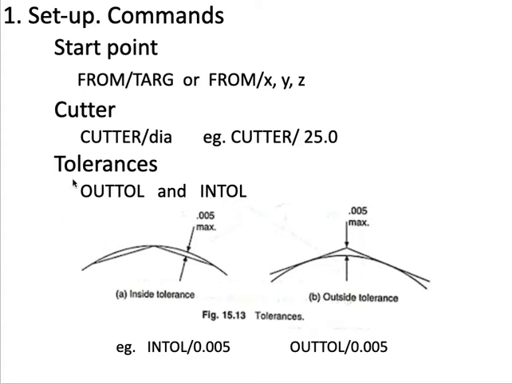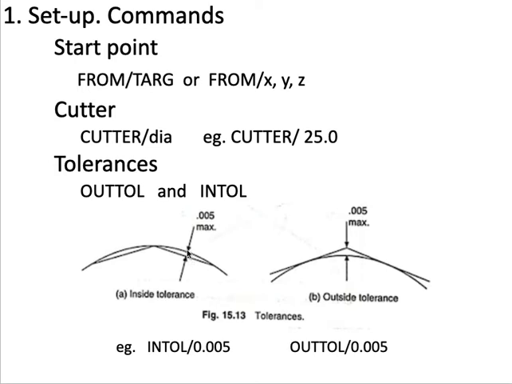Outside tolerance indicates the allowable tolerance between the outer side of the curved surface and any straight line segment used to approximate the curve. And the inside tolerance indicates the allowable tolerance between the inside of the curved surface and any straight line segment used to approximate the curve.